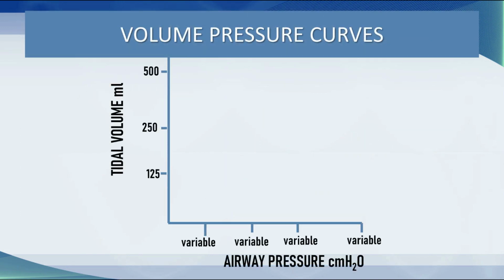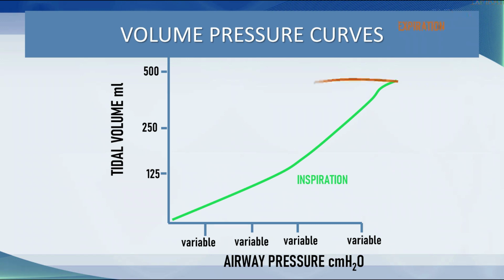This is our first visit to the volume pressure curve. On the y-axis is the tidal volume in mils, and on the x-axis is the airway pressure in centimeters of water. When the patient takes a breath, they have to generate negative pleural pressure to open up the airways and lift the chest wall off the lungs.